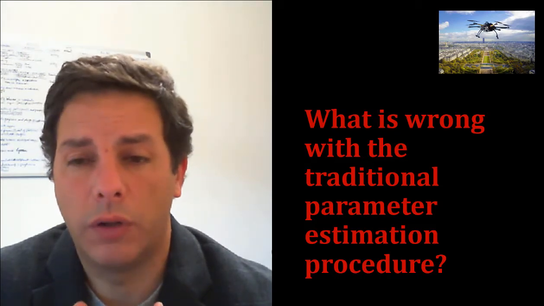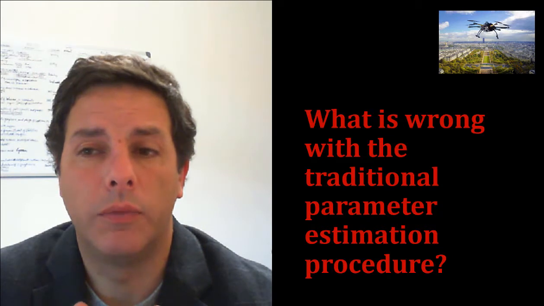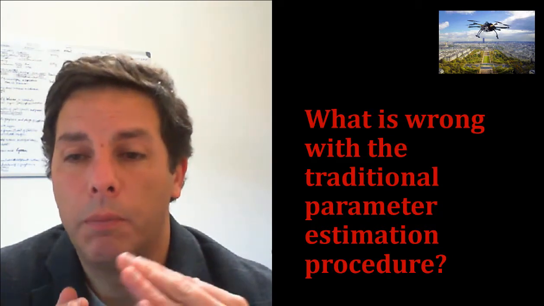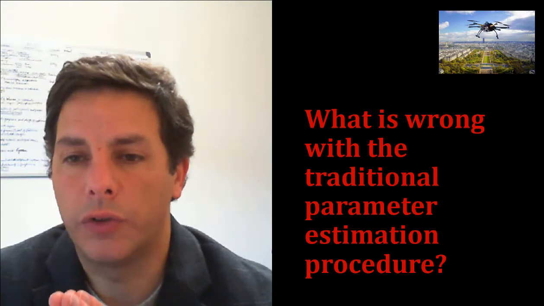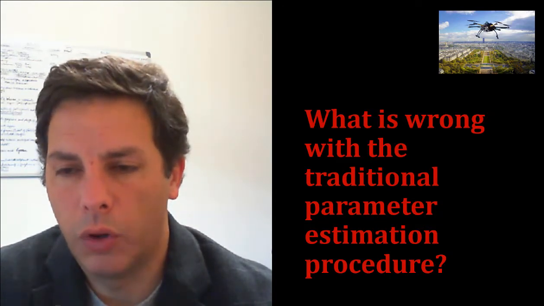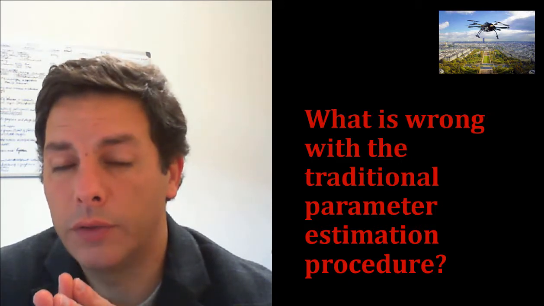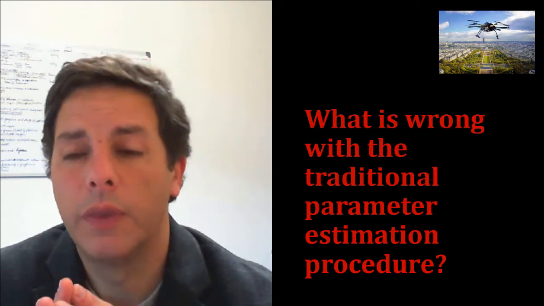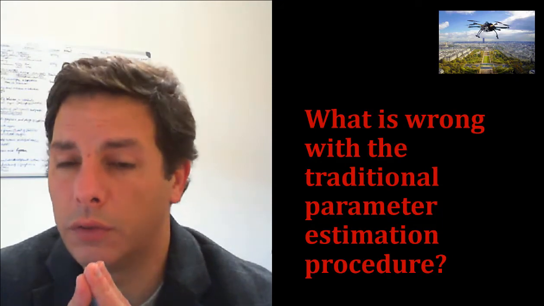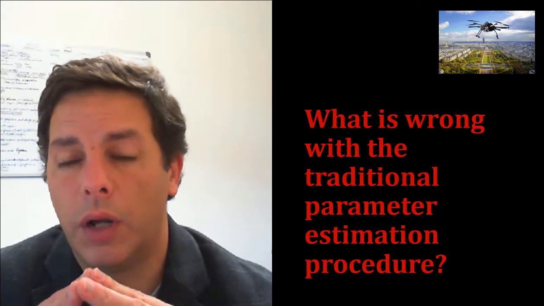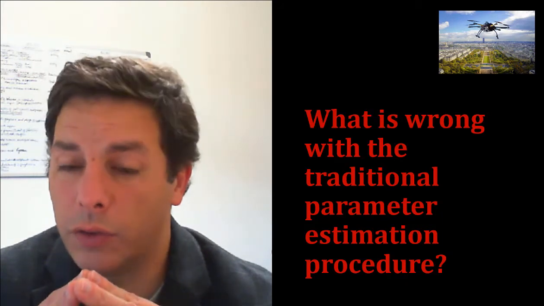And that's absolutely true. So there is a flaw in the procedure, but this aspect is not flawed. Small confidence intervals give us more confidence in that prediction. Larger confidence intervals give us less confidence in our prediction, and that is true.